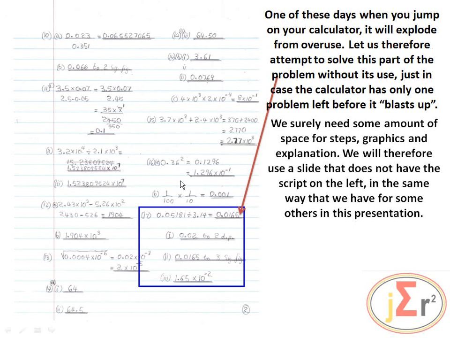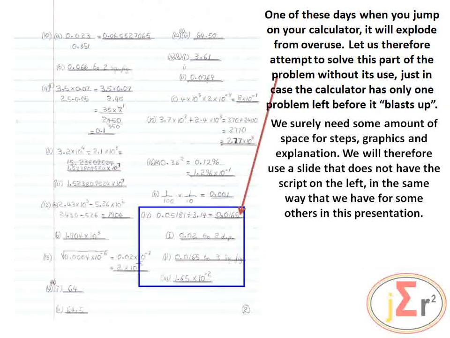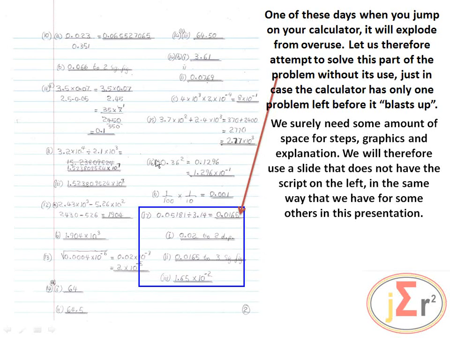So the slide that we'll be using to do the division will not have the script on the left, in the same way that we have for some others in this presentation. Of course, when we need a lot of space, we do not include the script. And when we do our long division, we will need a lot of space, so no script will be on the left. Isn't that nice?